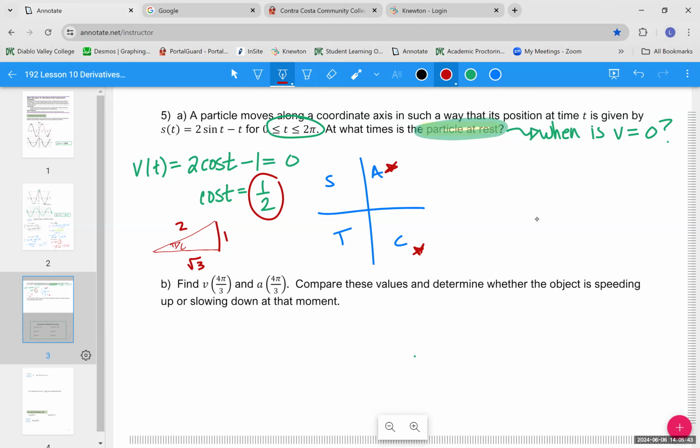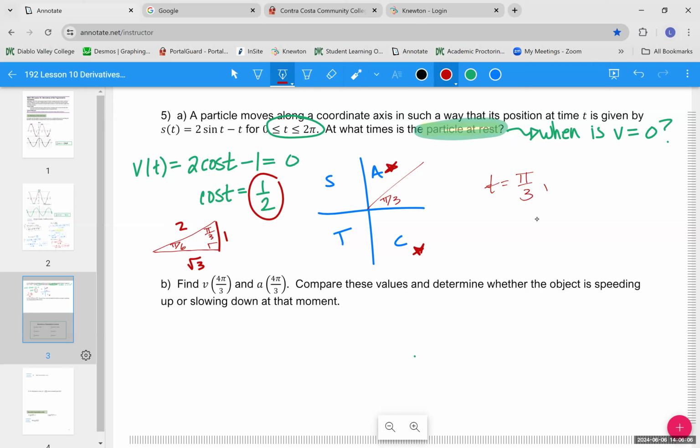So this would be my π/6, which is 30 degrees. This would be my π/3, which is 60 degrees. And so now I'm just looking for, when is my cosine 1/2? 1 over 2, and cosine means that the 1 is adjacent. So that would be π/3.